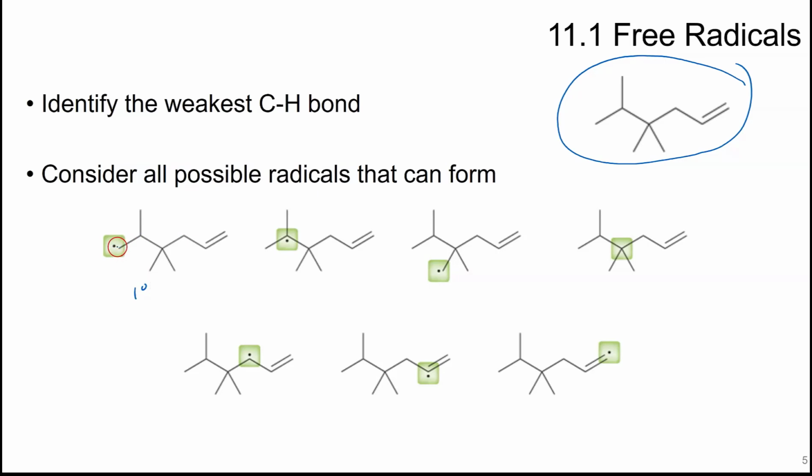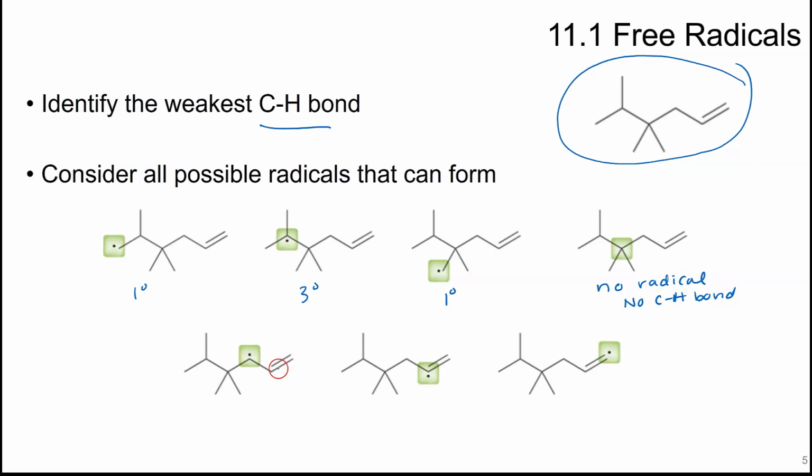So one dot here on the one carbon. This is a tertiary radical. This would be another primary radical. And there's no radical that forms on this one because there's no CH bond. So we can only form radicals where there is a CH bond.